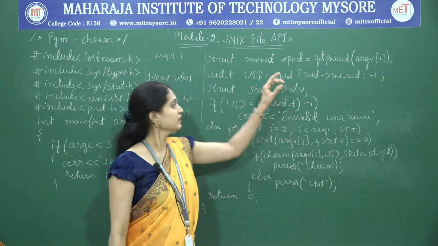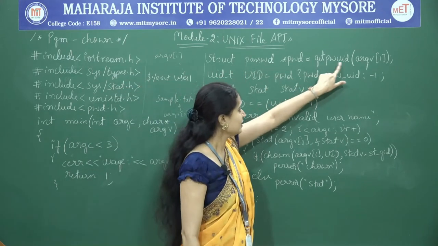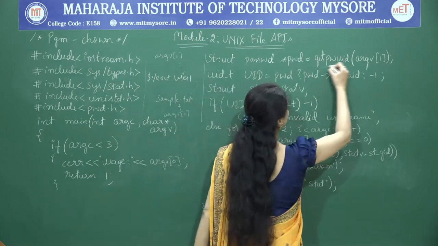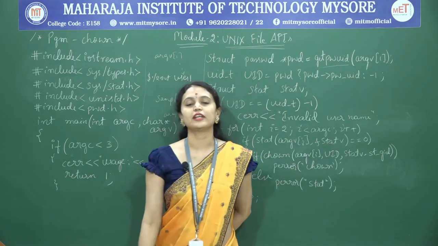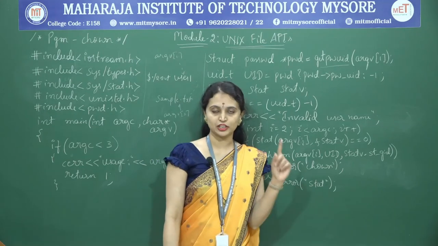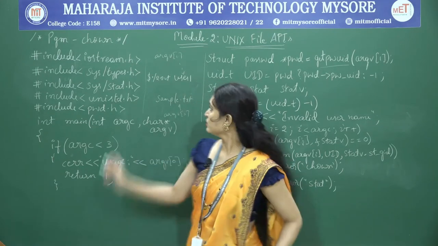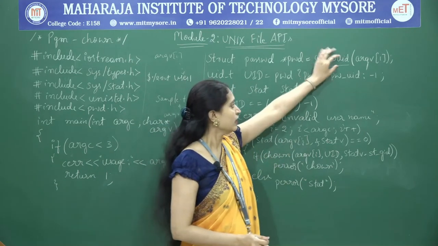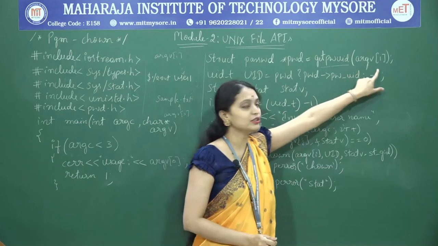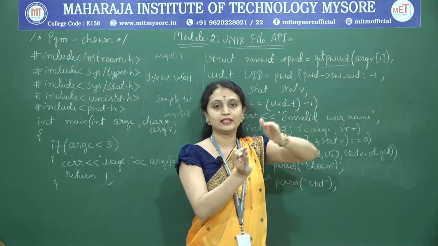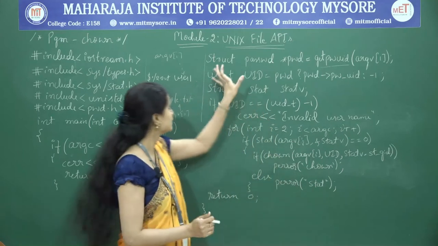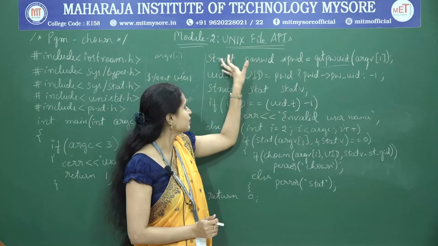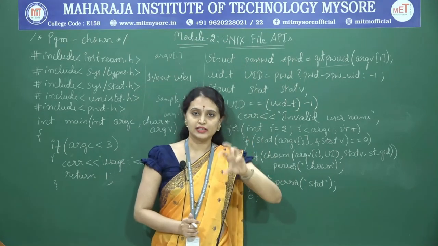On the right hand side, I am calling the function getpwnam. This function will convert the username into the UID. It returns the data of that particular username, which is of type struct passwd, and one of the members of this struct passwd is the user ID.